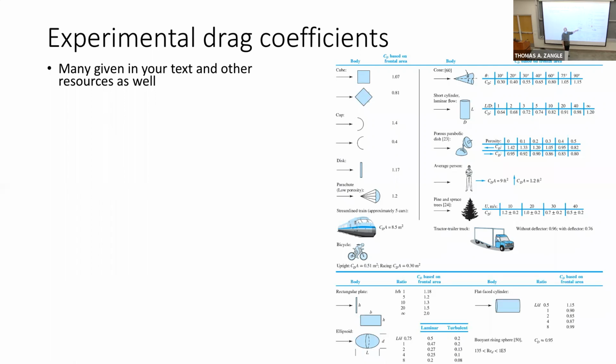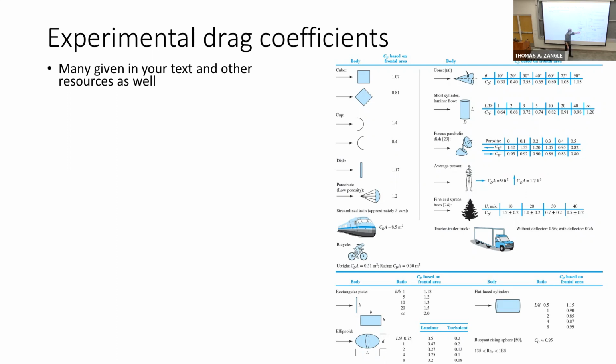So for complex objects, like let's say we're measuring someone on a bicycle in a wind tunnel, we want to be able to predict the drag force on the person on a bicycle. Someone sitting upright versus someone sitting down really low is going to have both a different coefficient of drag because they have different shape, and also a different area. Those two things are tied up together. It's kind of hard to disentangle one from the other.